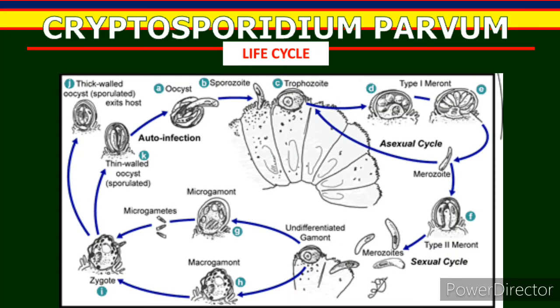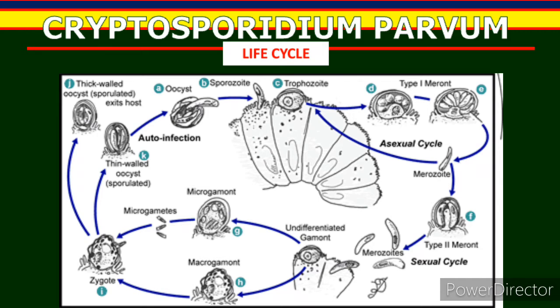All cysts are excreted into the environment from humans and animals through the feces. Then sporozoites are released. What are sporozoites? Sporozoites are the motile, spore-like stage in the cycle of some parasitic protozoans that is typically the infective agent introduced into a host.